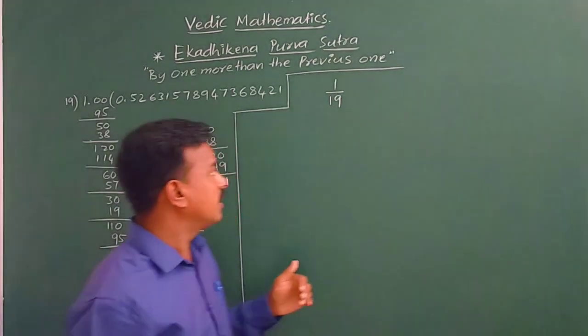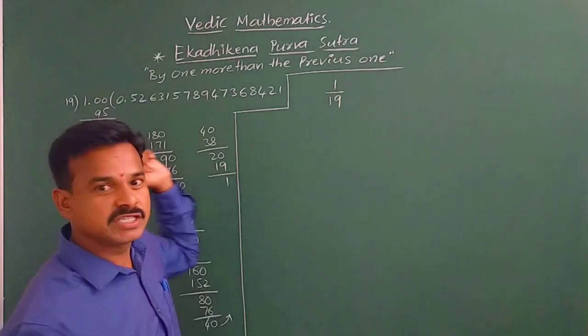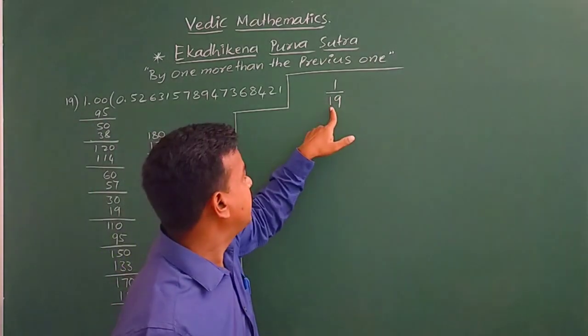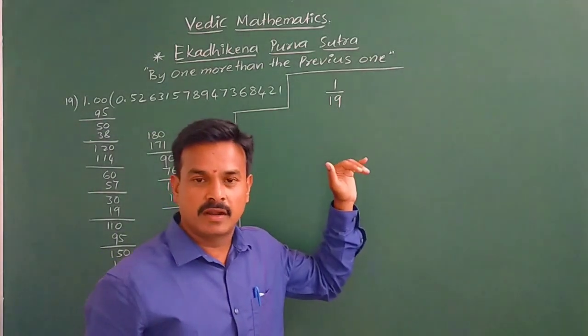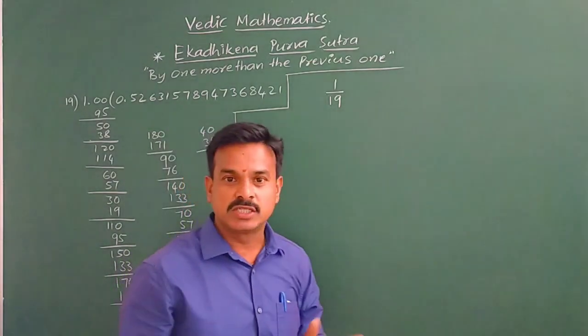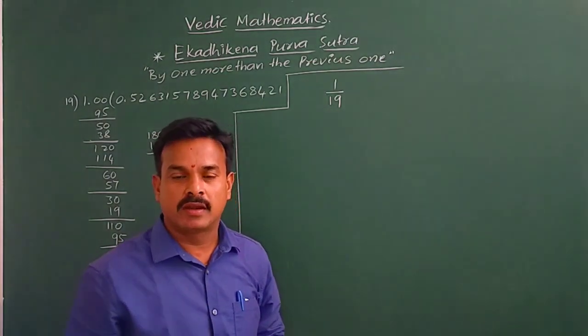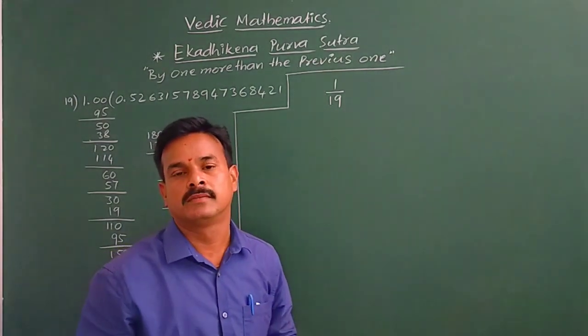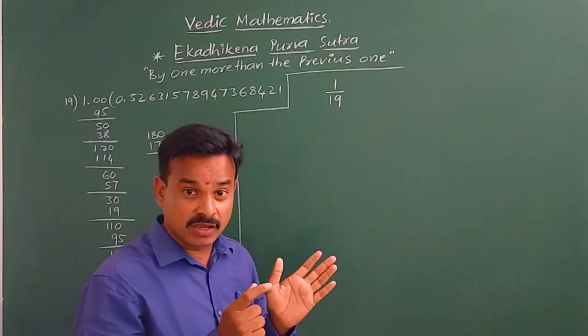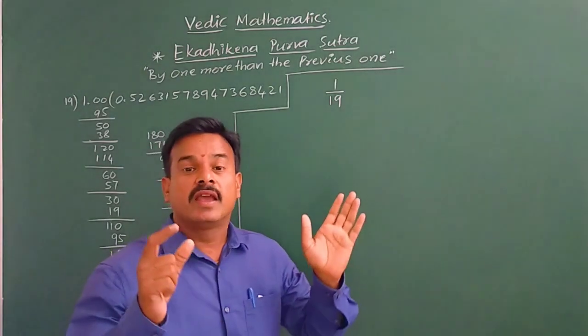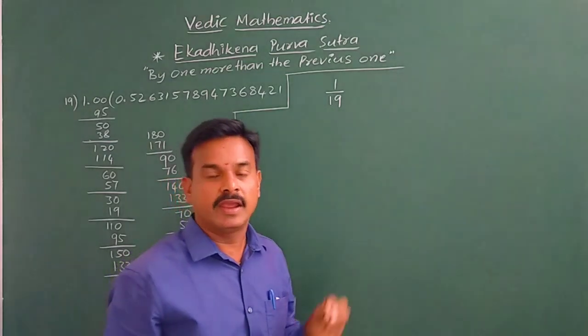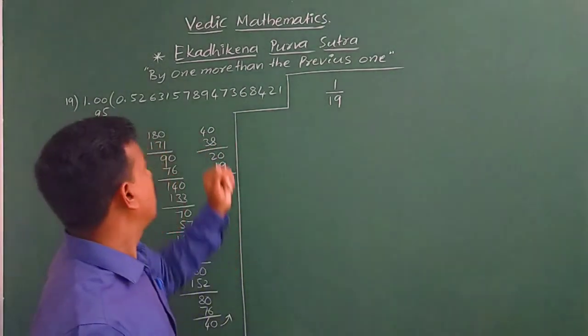And in this recurring part, how many digits will come? 19 is in the denominator and ends with 9, that's why 19 minus 1, 18 digits will come. That means a group of 18 digits is repeating in this decimal number.